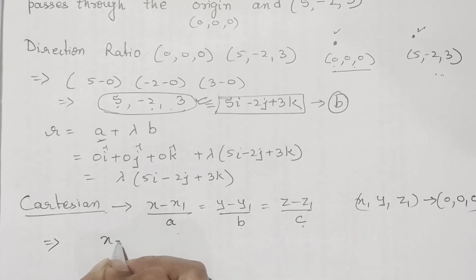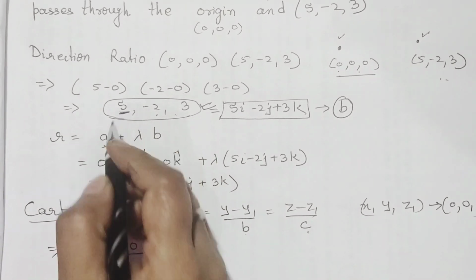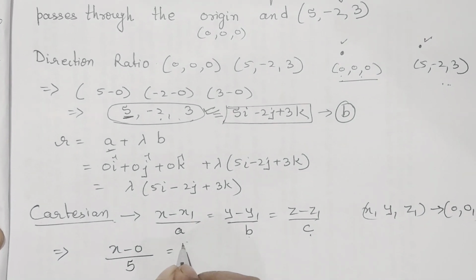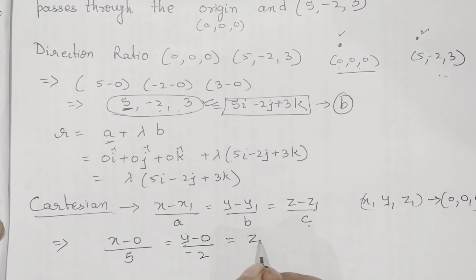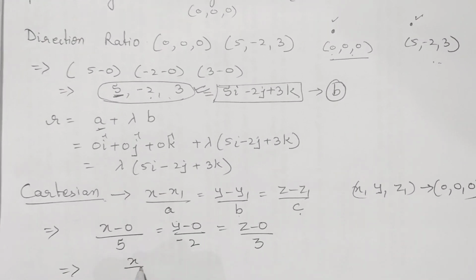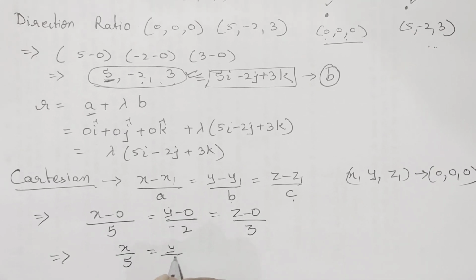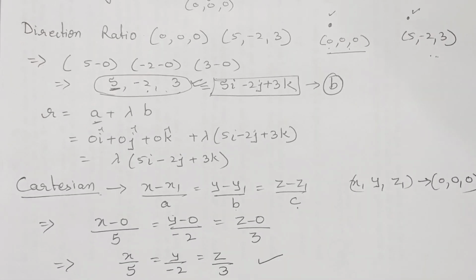So x minus 0, the value of a is 5. Similarly, y minus 0, the value of b is minus 2, and z minus 0, the value of c is 3. So our Cartesian equation becomes x over 5, y over minus 2 and z over 3. So this is our answer.